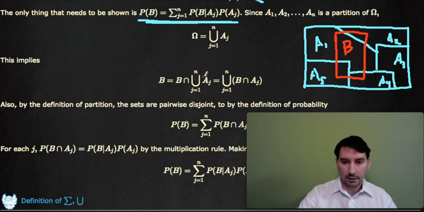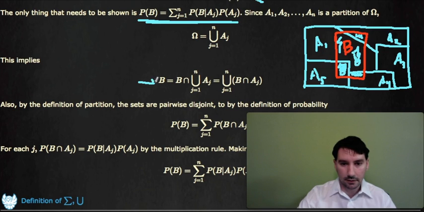But we can bring that intersection inside, so it's the union of B intersect each individual set. So B intersect A5 would be this piece of B, and this piece is B intersect A4, and then this is B intersect A2, and this part's B intersect A1. So if I take B and intersect it with each piece of the partition, then union them back together, I'm going to get all of B. So that's what this line is saying right here.